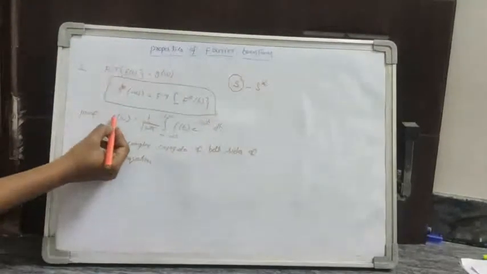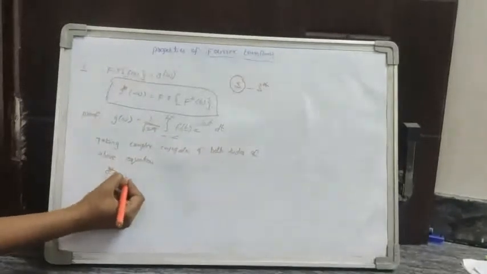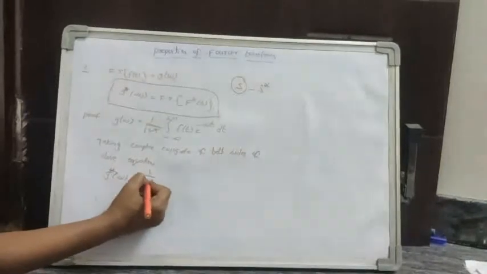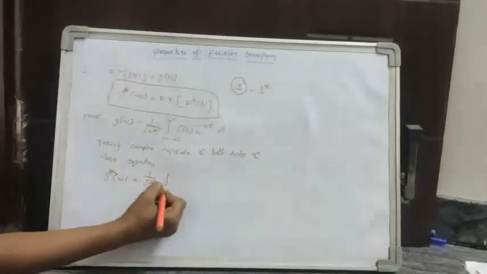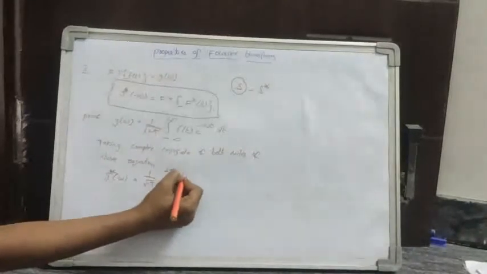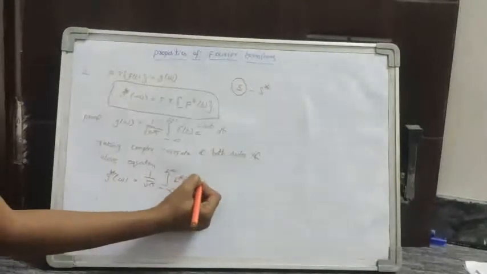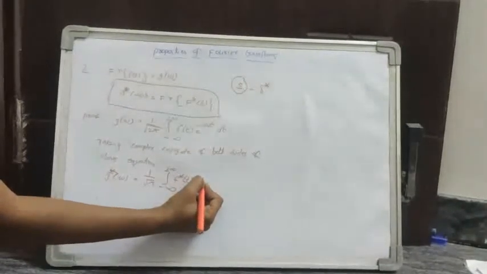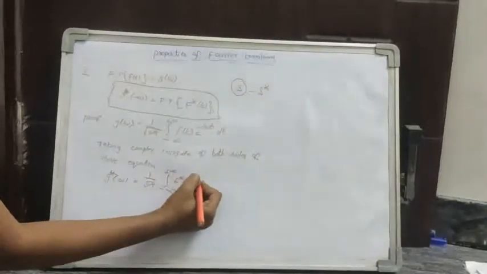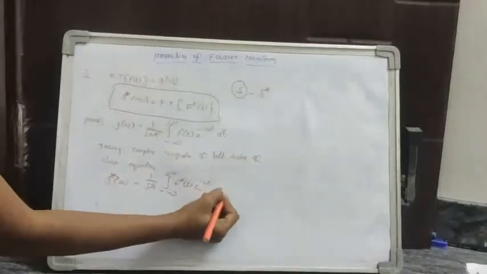Similarly, the conjugate of g of omega is g star of omega, which is equal to 1 by root 2 pi integral minus infinity to plus infinity f conjugate of t e power plus i omega t into dt.